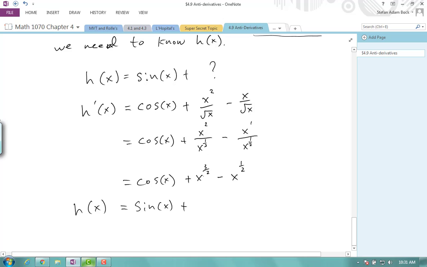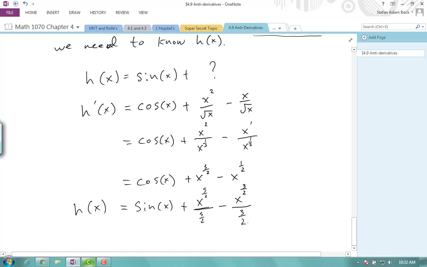And then the anti-power rule, I'll call it, I have to increase the exponent by 1 and then divide. So the exponent 3 over 2 increases by 1, divided by that new exponent.